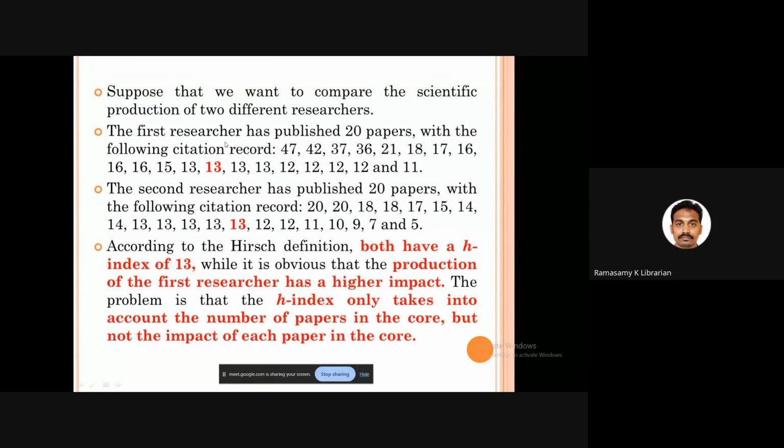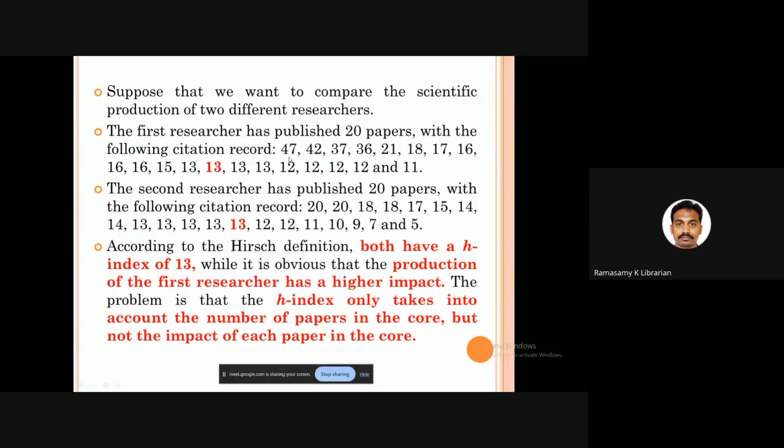Here, author A, author B, they have published 20 research papers. You can see here, this author published 20 research papers. First paper has got 47 citations, second paper 42, last paper 11 citations. And his H index is 13. What about the second author? He also published 20 papers and his H index is also 13. Let me ask a plain question.